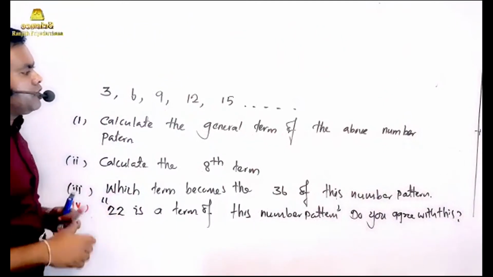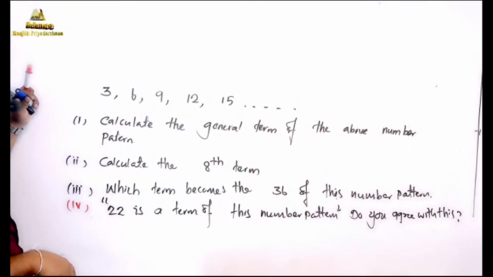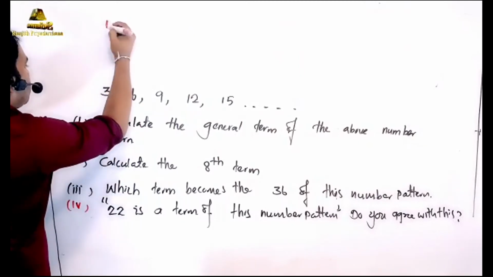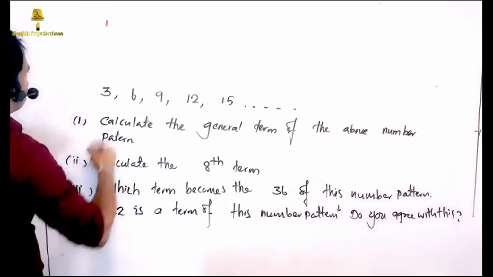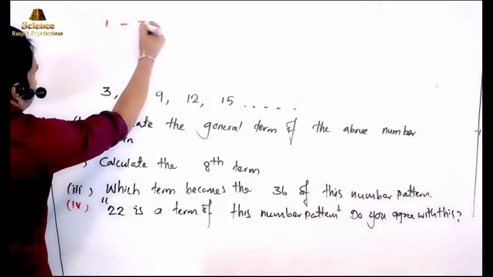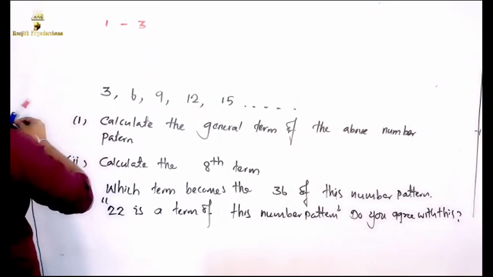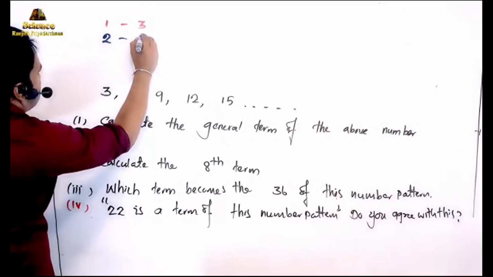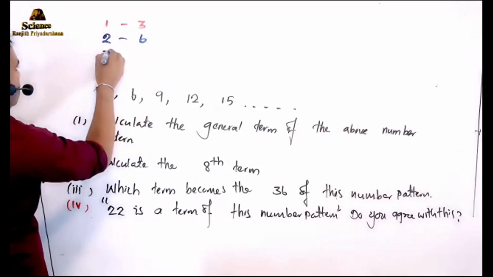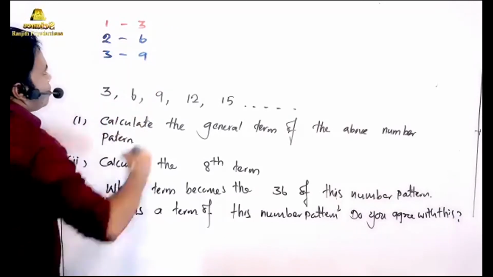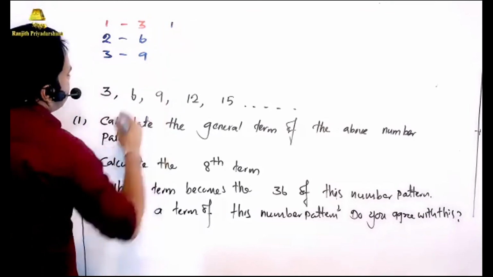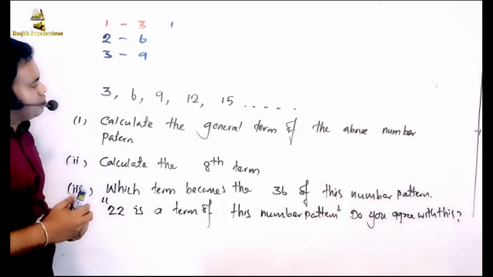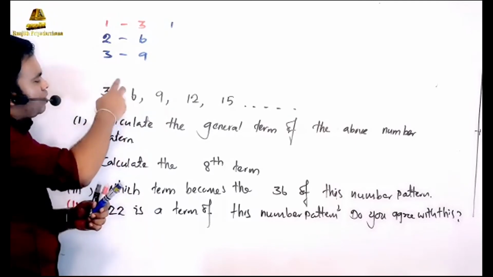Calculate the general term of the above number pattern. First term is 3. Second term is 6. Third term is 9. So you can find this general term. What's the difference between these two numbers?